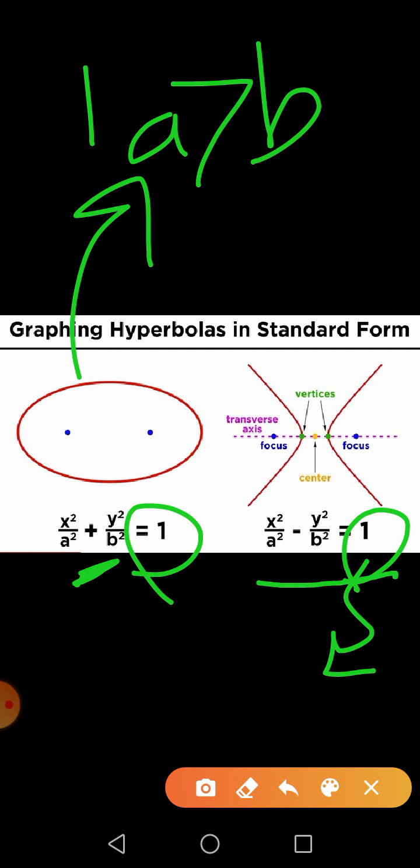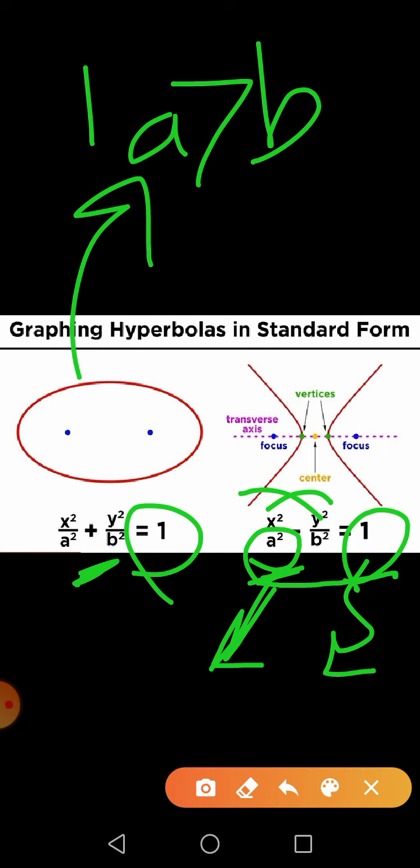Here the first condition, yes, it must equal 1. But a must be first, not b, in the denominator of the first term, a squared. X and y may be exchanged, but a must be first.